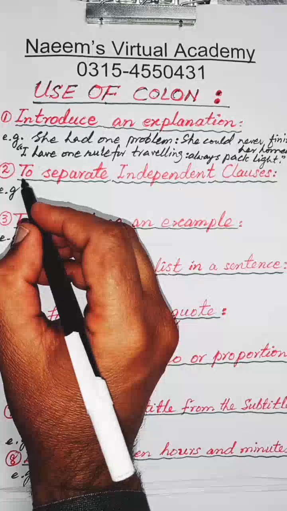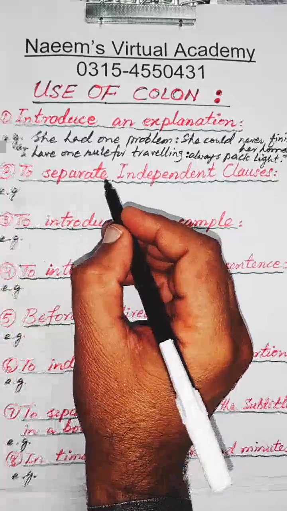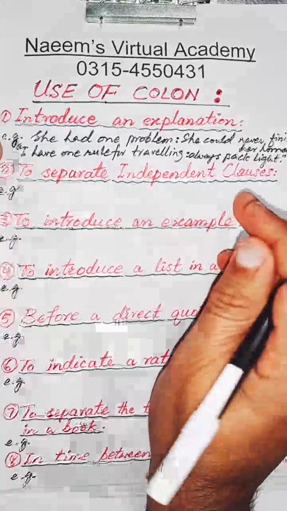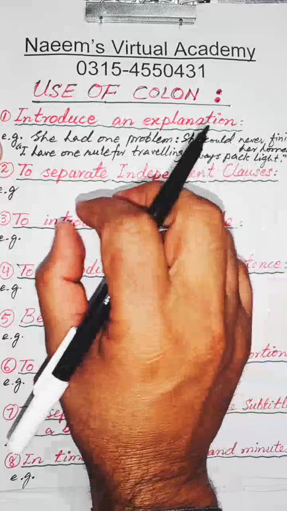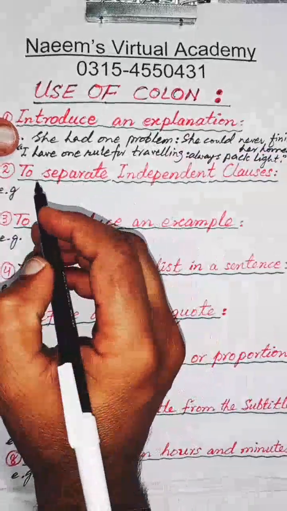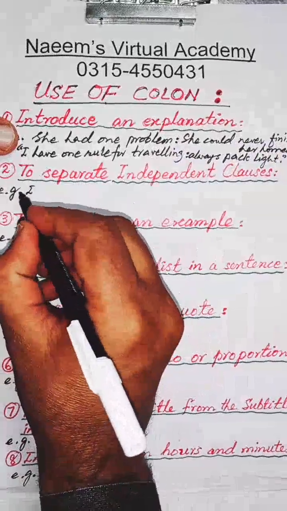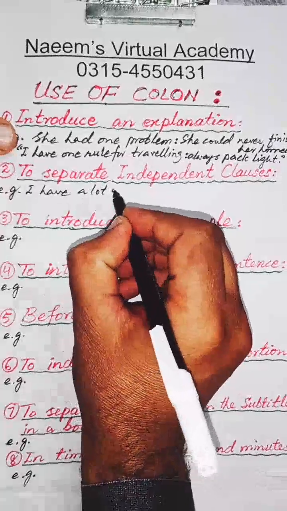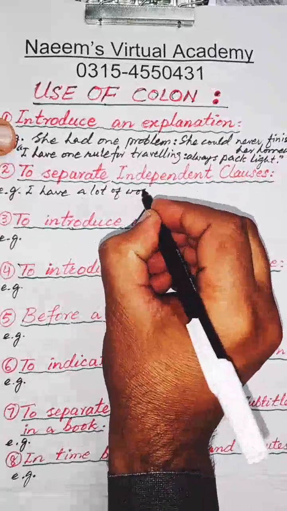Second use of colon is to separate independent clauses. Independent clauses means they are closely related and they can be written as separate sentences. For example, I have a lot of work to do.